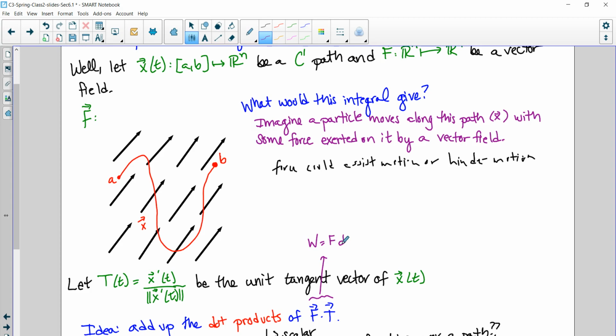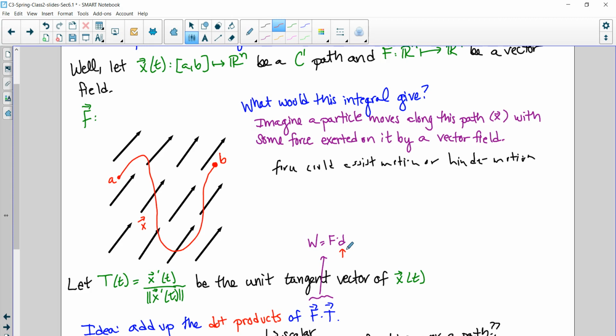This isn't the whole story because these are both vector quantities and there's a dot product in there, right? So what we're actually doing is F dotted with T, where T really is that infinitesimal change in distance. If we think about it as an instantaneous rate of change at any given point, that's what it is.